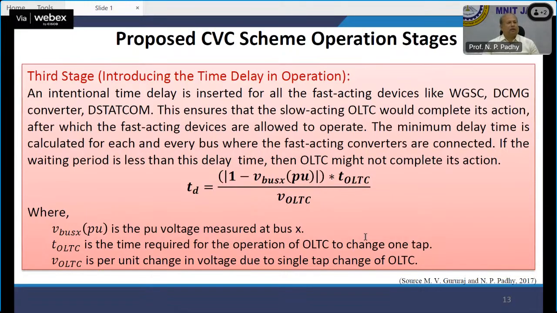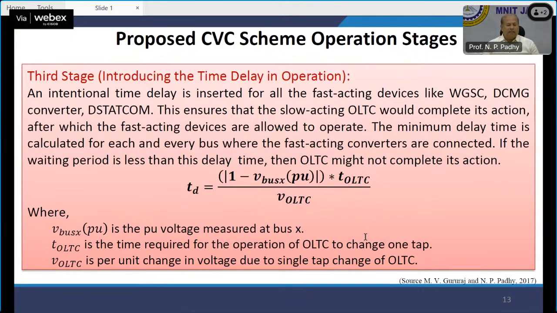So always we allow the slow acting devices to come first. The minimum delay time is calculated. Otherwise, the slow acting devices will never act, because these fast acting converters will jump into the problem. So the minimum delay time is calculated for each and every bus where the fast acting converters are connected, specific to bus number 5.